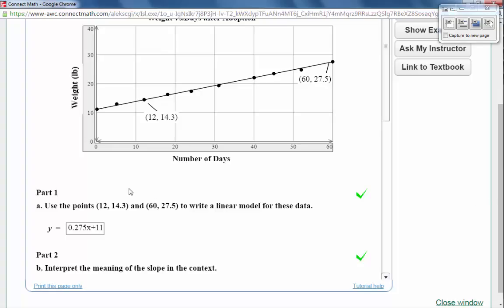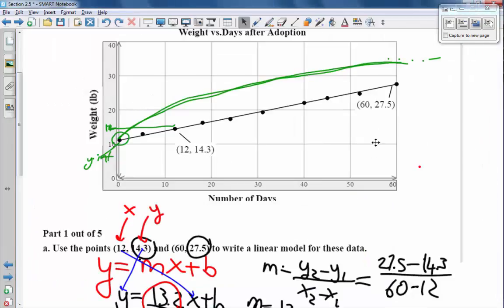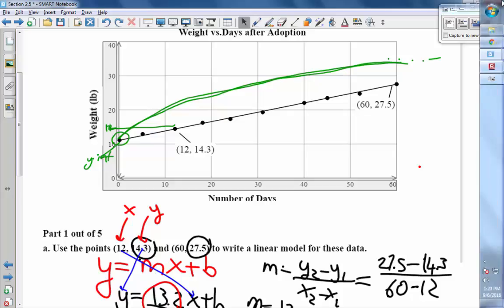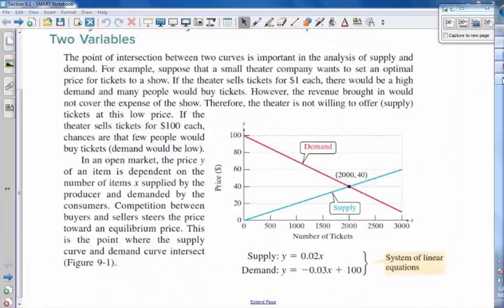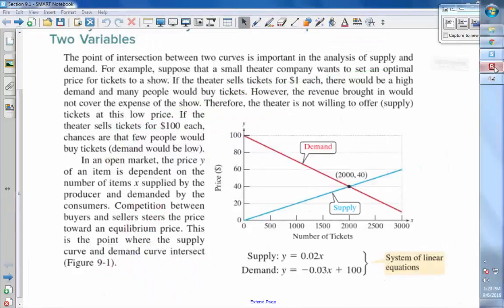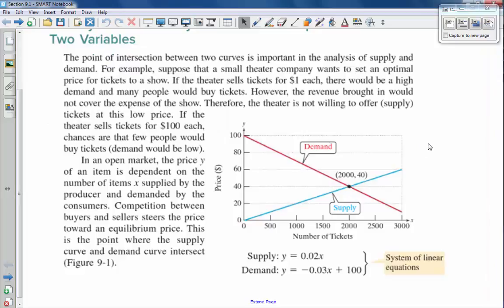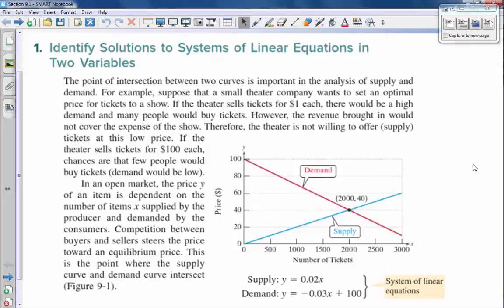Okay? So we are going to start section 9.1 today. Any questions though? Alright. We have about 10 or 15 minutes. We can do a little bit of introduction today.